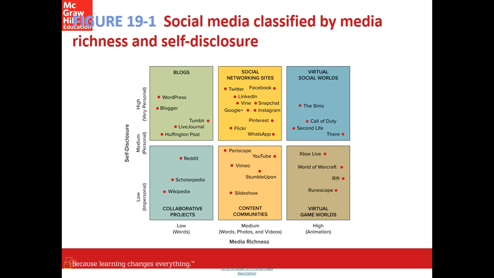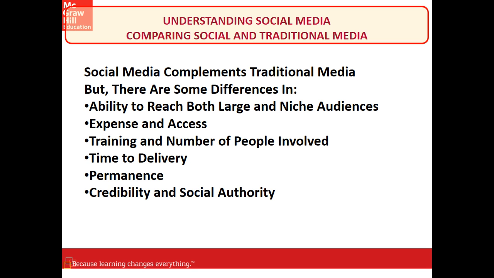This is an example of social media classified by media richness and self-disclosure. The richness could be low, medium, or high, and then self-disclosure could be low, medium, or high. And you can see where the social media you're most familiar with are located on this chart. Okay.